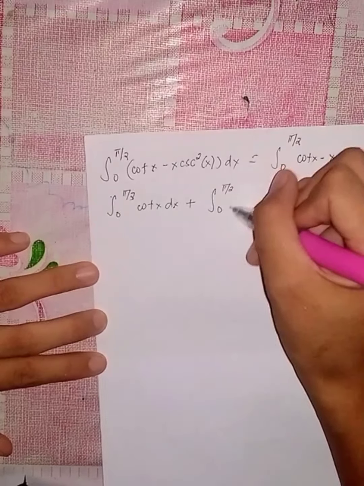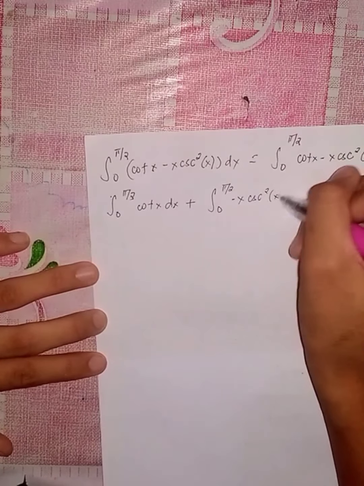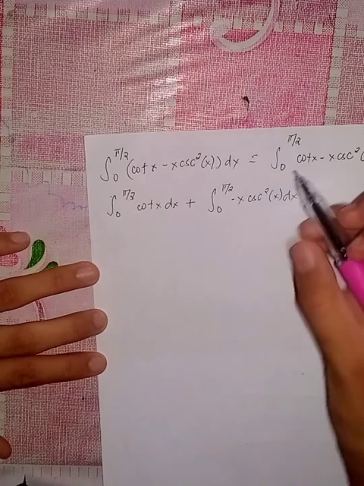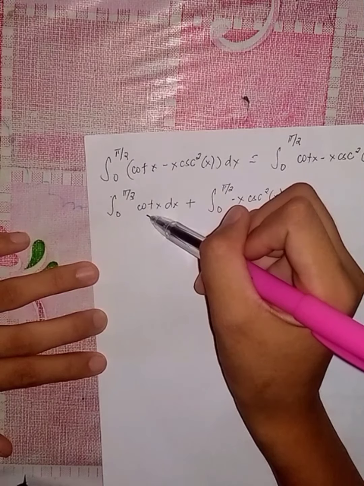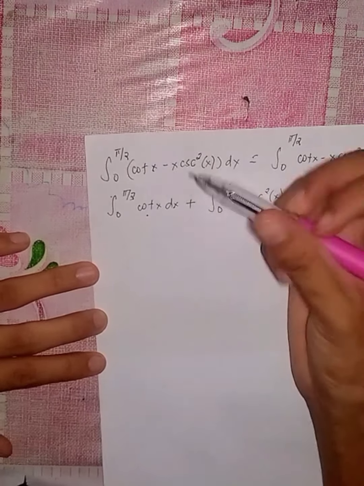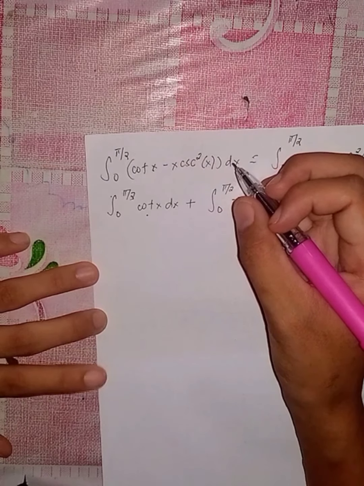of negative x csc squared x dx. The integral of cot x with respect to x is ln of the quantity sin x.